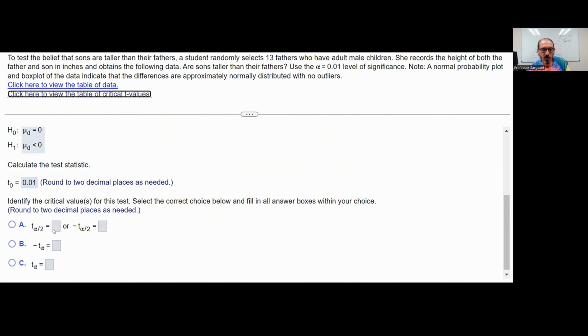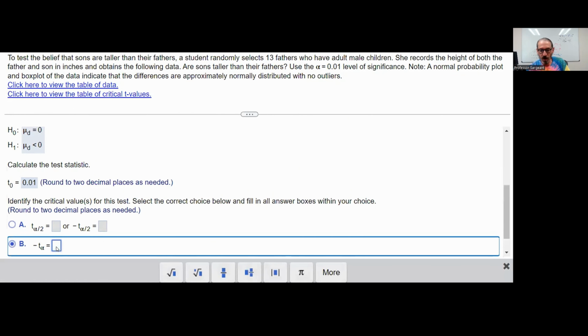And because this is a two-tail test, and we were asking about our sons taller, but then the order of subtraction we were forced to use, we're actually asking, are the fathers shorter? Less than 0 is a negative.